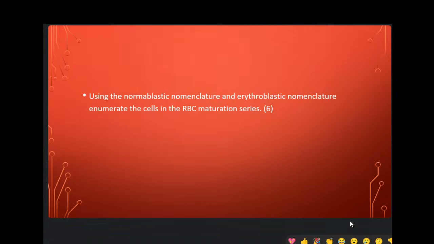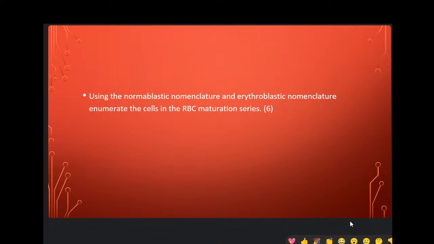Erythroblastic nomenclature, and the normoblastic nomenclature. So let's start with the normoblastic nomenclature first. Who here can enumerate from youngest to oldest cells using the normoblastic nomenclature? Who can name the cells?